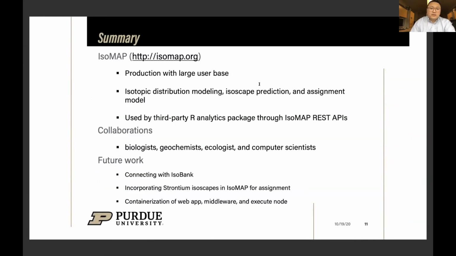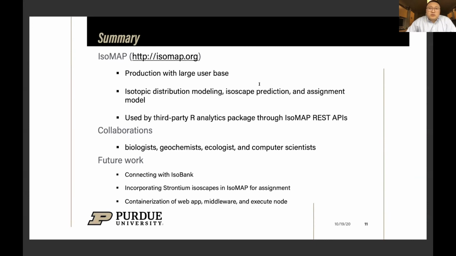So the summary is IsoMAP is in production for more than 10 years, has a larger user base, and can be connected to third-party analysis software. And we are collaborating with many diverse areas. In the future, we're thinking of extending our platform to cover other elements.